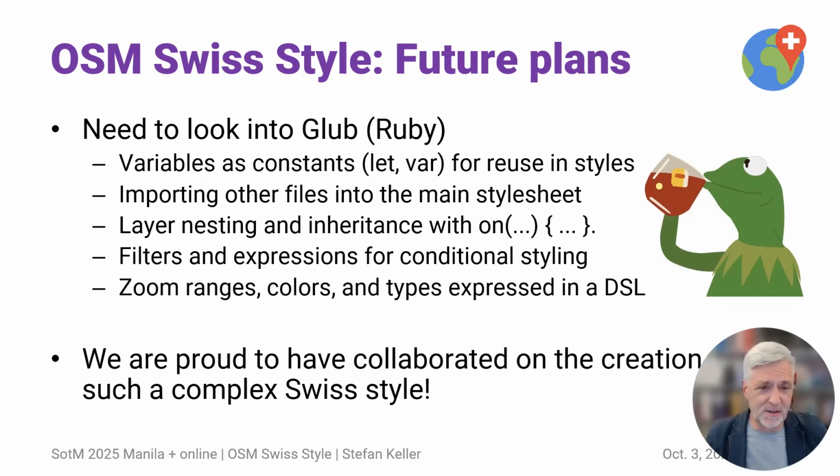So looking into Glob, that Ruby tool, which hopefully will get us more control over complex styles, where we can use constants, where we can import many files into one style sheet, where we have layer nesting where needed, where you have filters, expressions, zoom ranges and types, where we have comments, for example.